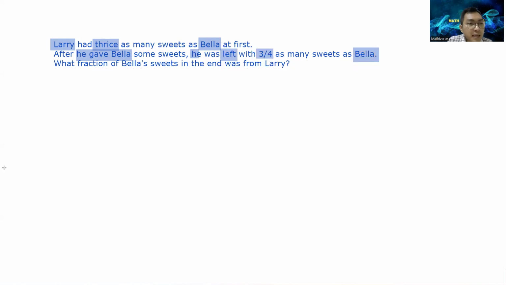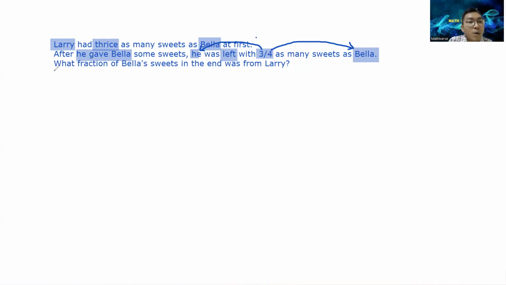So in this case, you have to know one thing: numerator 3 is the front one, which means Larry. Denominator 4 is the back one, Bella. Okay? So after giving, Larry is 3 units and Bella is 4 units. You have to know about it.